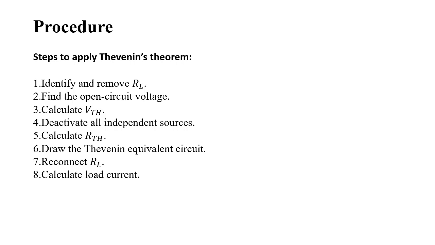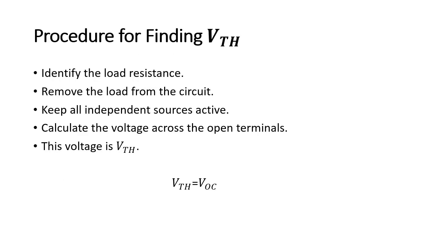After knowing the RL, VTH and RTH values, we can draw the Thevenin's equivalent circuit. Then we reconnect the load resistance RL again. After that, we can calculate the load current IL with the help of the formula. Next, what are the steps of the procedure for finding the Thevenin's voltage VTH?